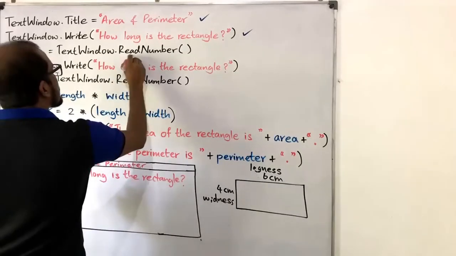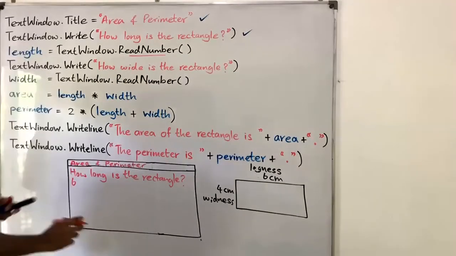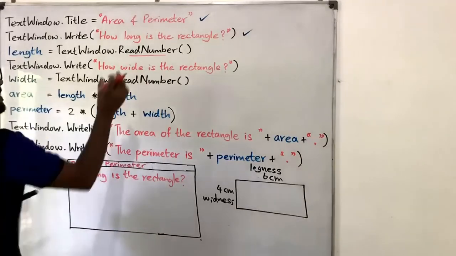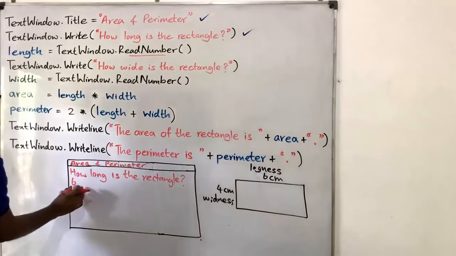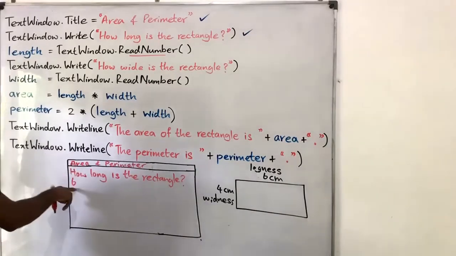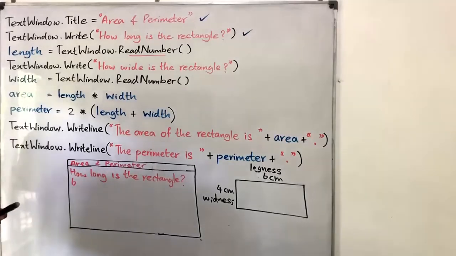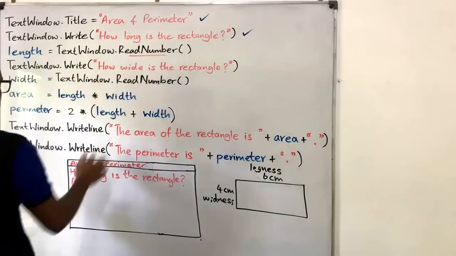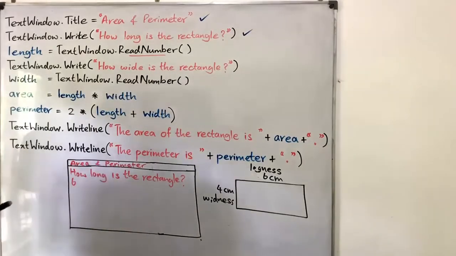You can see there is an operation called read number. The behavior of read number is reading a number from the text window object. Previously I have entered the number 6. So this operation will read that number from the text window.